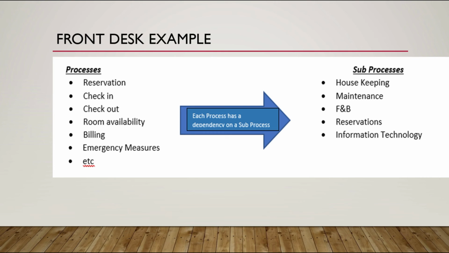To complete this further, business departments depend on other business departments. Again, the front desk example. The front desk department relies on housekeeping and maintenance, food and beverage, reservations, and the IT department. So a failure in any one of these departments will affect the efficiency and effectiveness of the front desk operation.